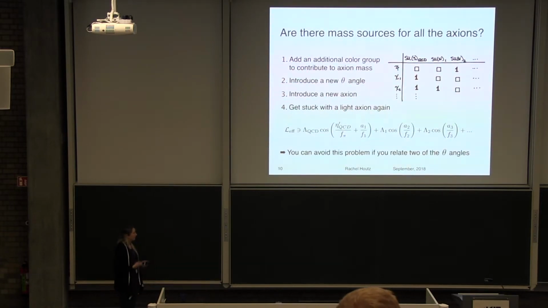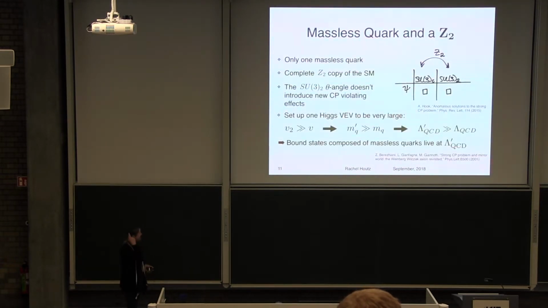So one way you can avoid getting stuck is by finding a way to relate theta angles between two groups. Houtz did this, where he said, all right, I have the standard model, and then I have a complete copy of it, and they're related by a Z2 symmetry. So if you look at just QCD, you have QCD of the standard model, then some extra QCD.